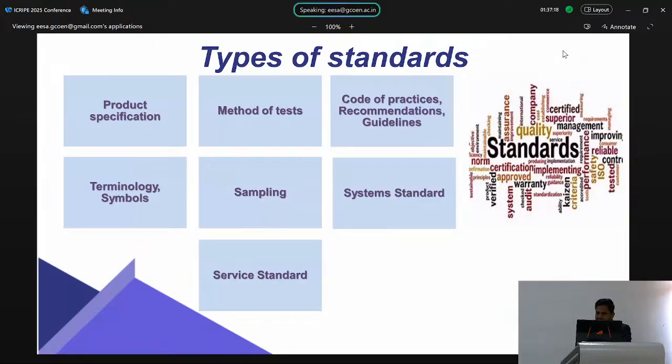System standards are ISO standards, ISO 9001 and 14001. These are aligned with Indian standards and used for system certification. And then service standards: there are different services apart from products, like how the transport industry should work. These service standards are prepared so that they help service industries in their proper functioning. So these are the types of standards.